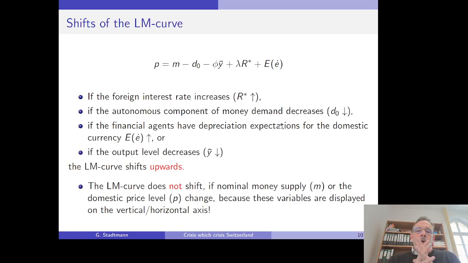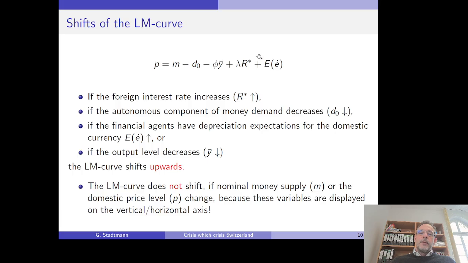What is also very important is to look at the shifts of the curves. Here we have a somewhat richer money market equilibrium condition, which includes one autonomous component and the domestic interest rate.